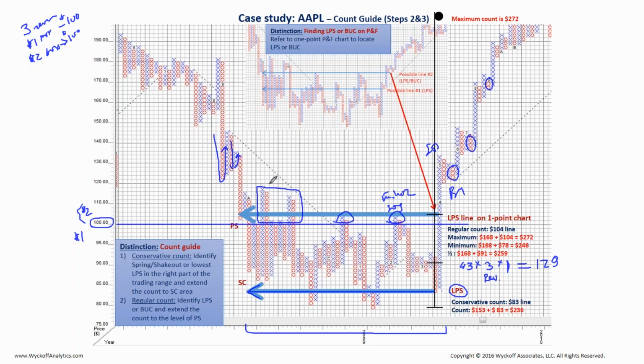So therefore, some of the columns, like this one right here, this one right here, this one right here, are going to have a $2 box size for us. So even though we're getting here a count of 129, the actual count, which is the correct count, is going to be 153.